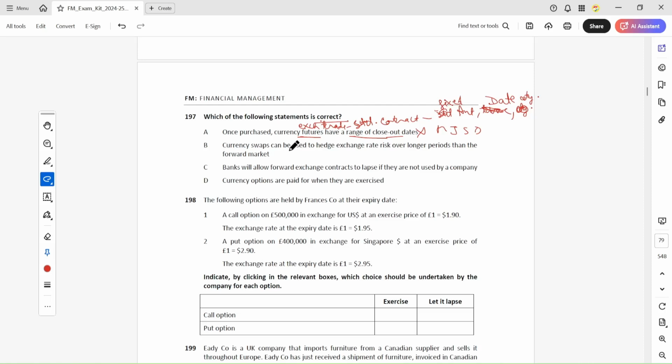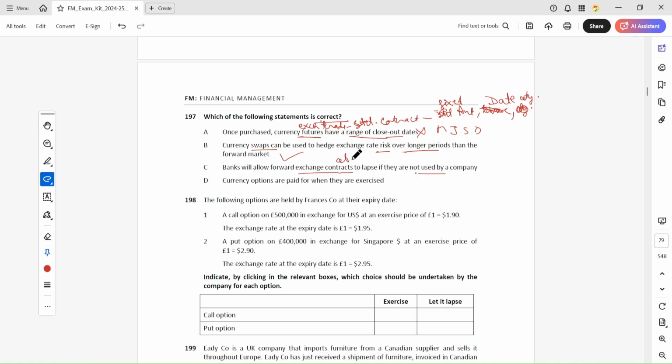A currency swap can be used to hedge exchange rate risk over a longer period than the forward market. Swap is used for hedging risk over a longer period. Yes, this is correct. Bank will allow a forward exchange contract to lapse if not used by the company.